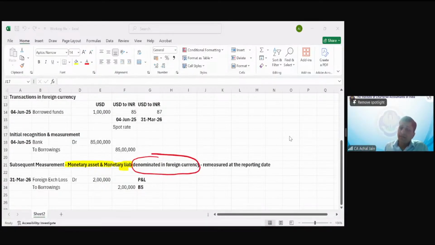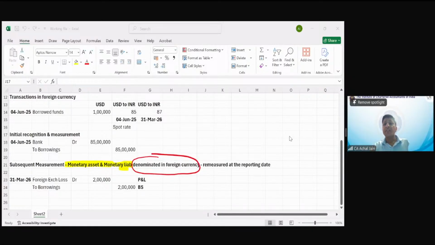Okay, clear? Mohit is asking, sir, why is this required? That's the requirement of the standard. Okay, the standard requires you to do this.